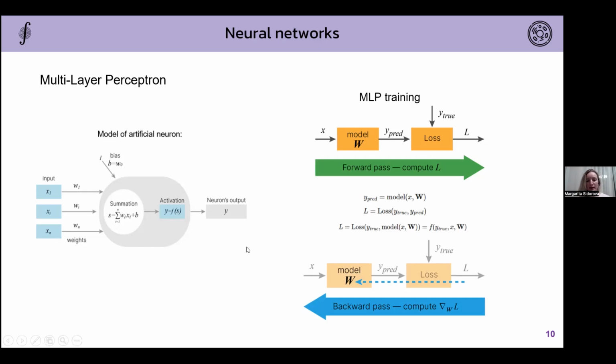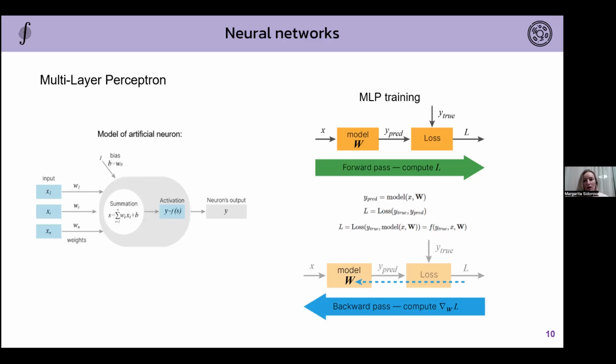But at the very beginning, let's recall how a neural network works. It's the model of an artificial neuron with the inputs and the weights for each connection of the input with our artificial neuron. Inside the neuron, the summation occurs of the inputs multiplied by weights, added to some bias. And a nonlinear activation function is applied to this.